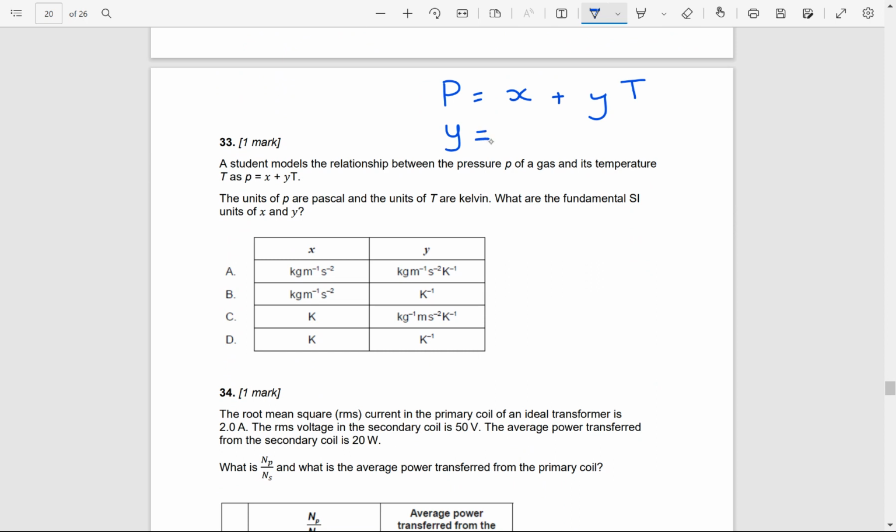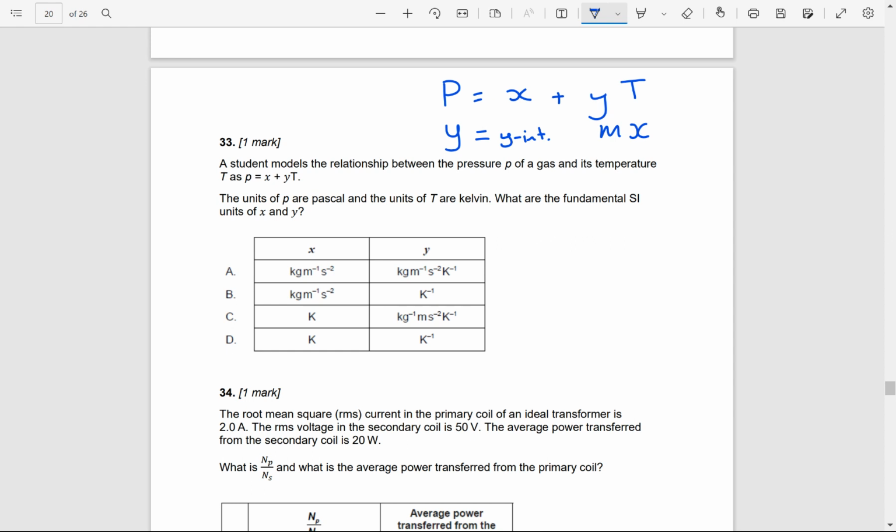So we've got y-axis equals gradient times x-axis, and x is where it crosses on the y-axis. Okay, so it's the y-intercept. So it's going to have the same units as P, pressure.